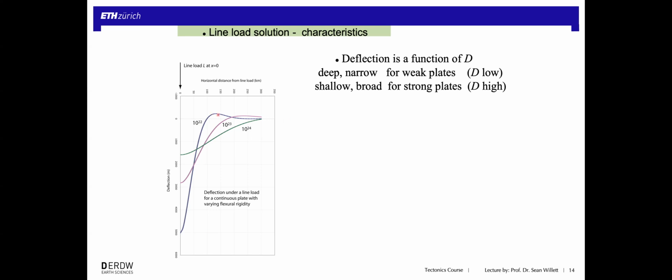The amplitude of the peripheral bulge is higher. But these distances, for these numbers, are on the order of something between 50 kilometers and maybe 300 kilometers. And that would be, as I say, sort of typical values for a lithospheric plate. This kind of flexural depression goes out tens to hundreds of kilometers.